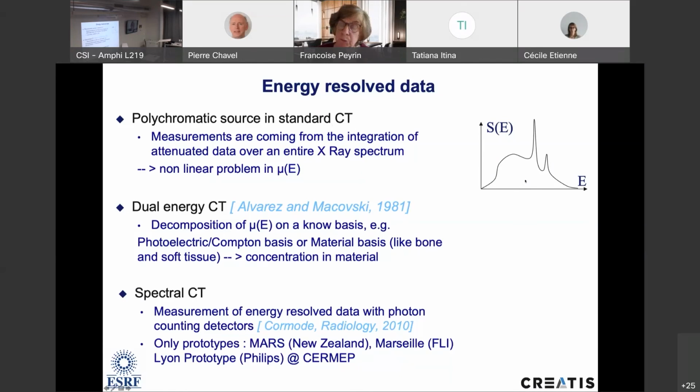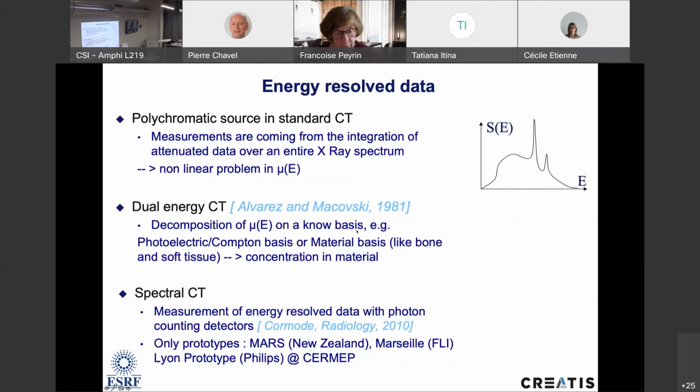It is monochromatic only when we do synchrotron CT, because we can monochromatize the beam. When we use a polychromatic source, we have some artifacts that are generated because we solve the problem as if it was linear, and effectively it is non-linear.